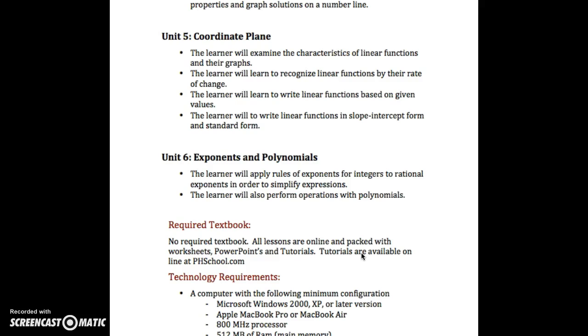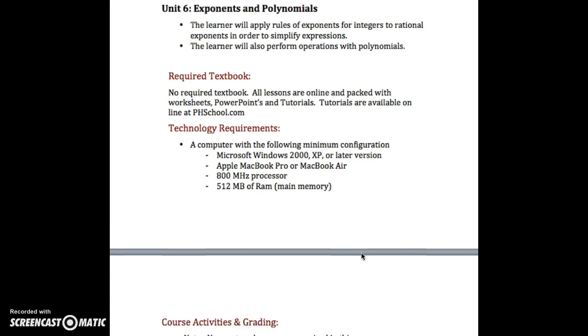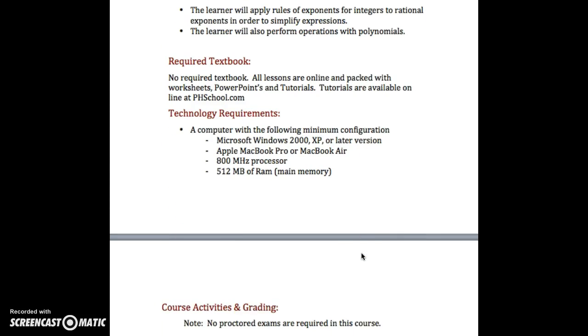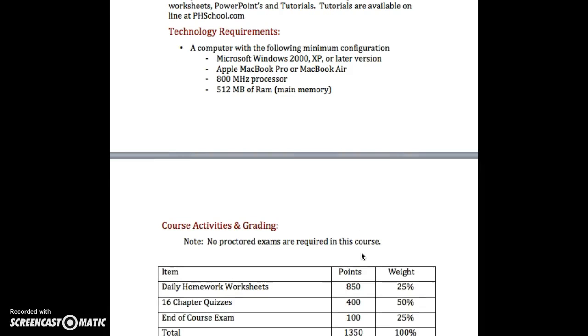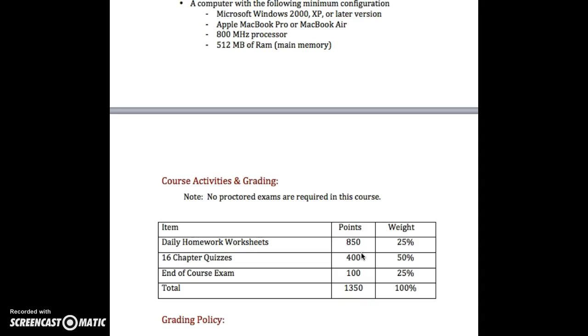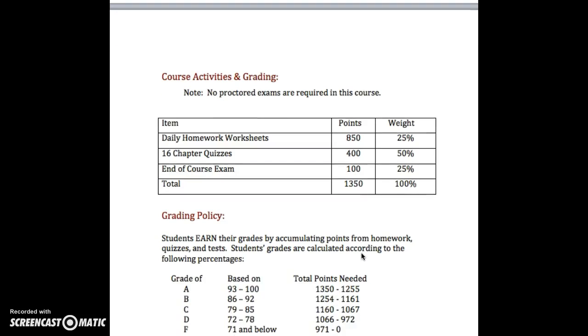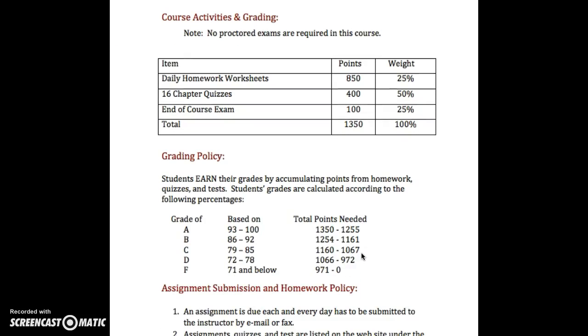The next is a technology requirement. Then course activity and grading. Notice no proctoring for exams is required for this course, the number of points required, and the grading policy. The scale is based on the state standard scale.